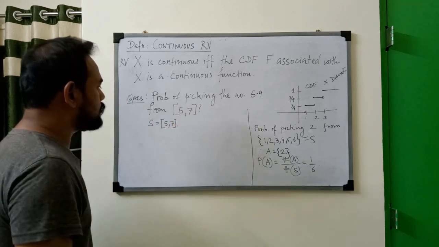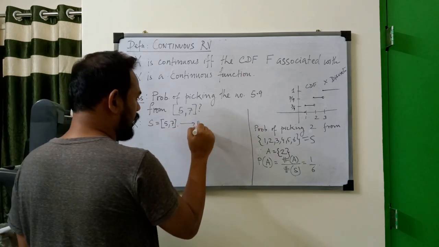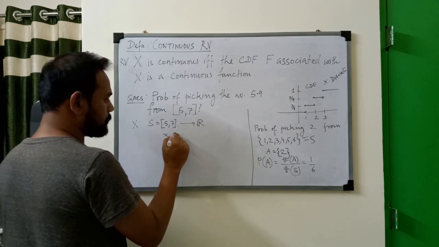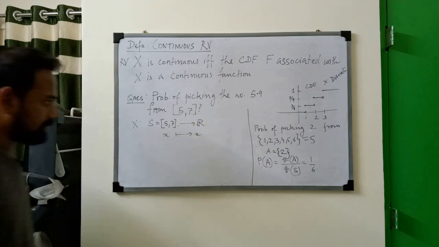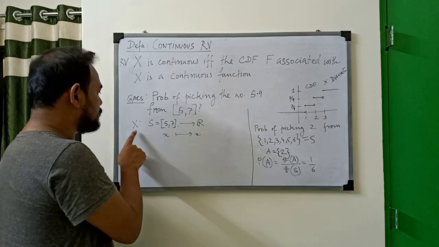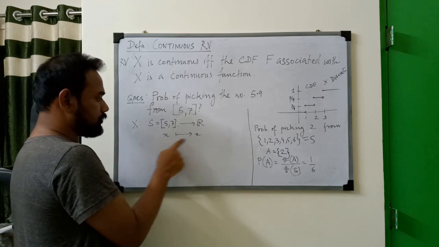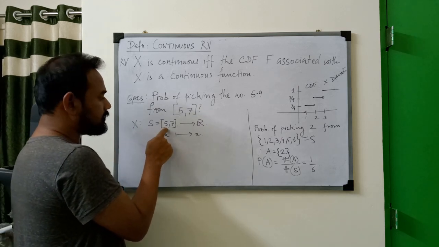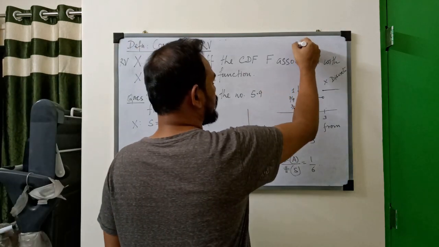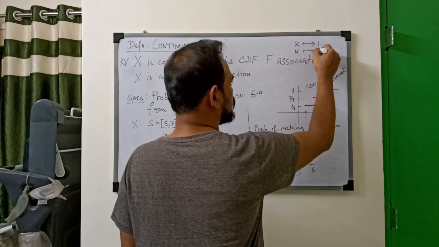and if I want to define a random variable from the sample space to R, I could define any x from this sample space to the real numbers. What does x as a function do? It codes every element in the sample space with a number. For example, in the previous case, it was coding a red ball with 1, a white ball with 2, like that.